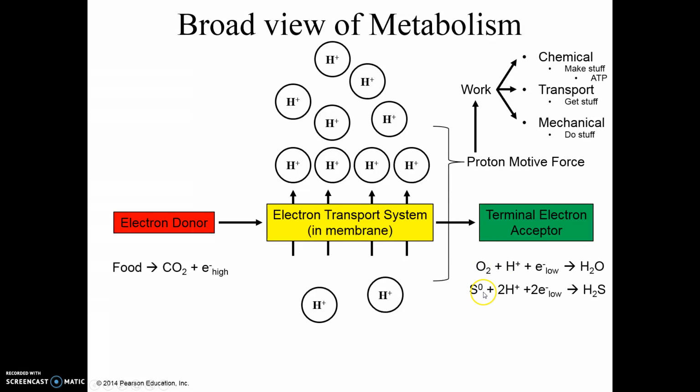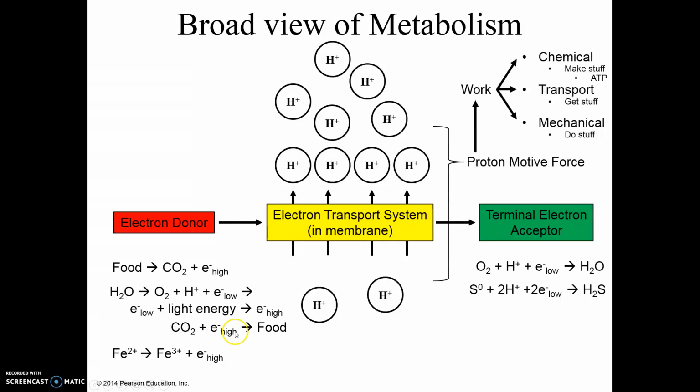We usually have alternative terminal electron acceptors. And in plants and some bacteria, we can actually take electrons off of water, kind of the exact opposite of what's happening over here, and then use light energy to energize them, and then use that energy to reverse this process making food. Bacteria can sometimes also glean those high energy electrons directly off of inorganic substrates.